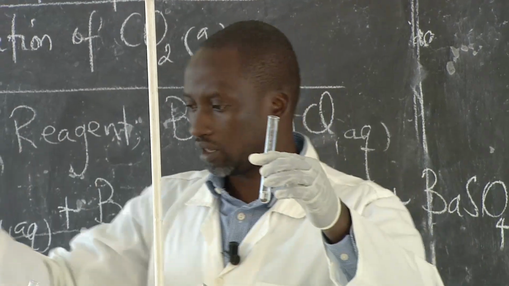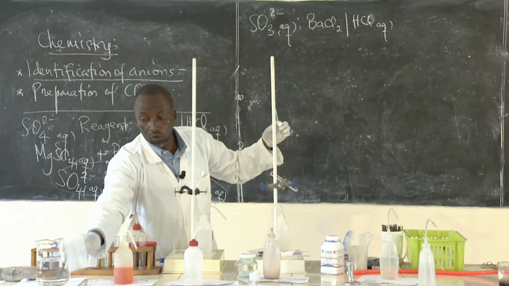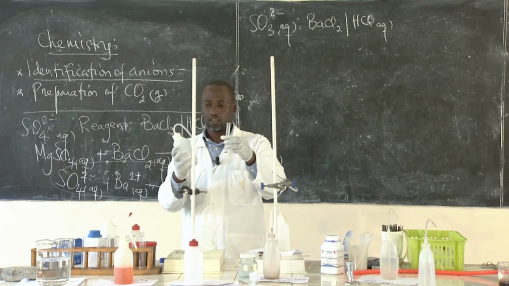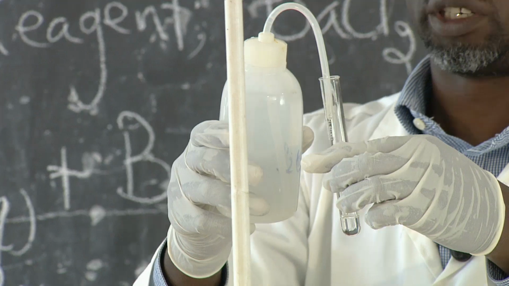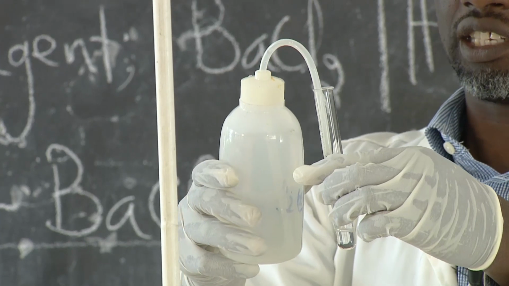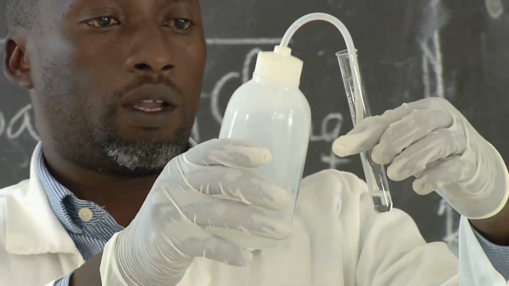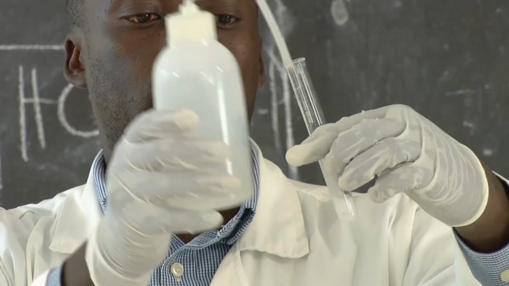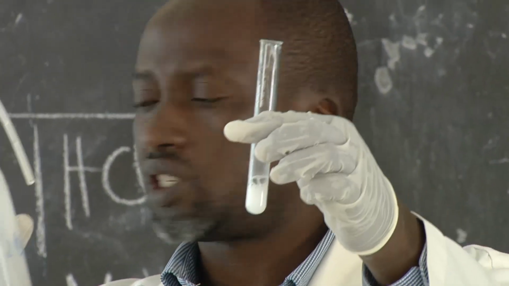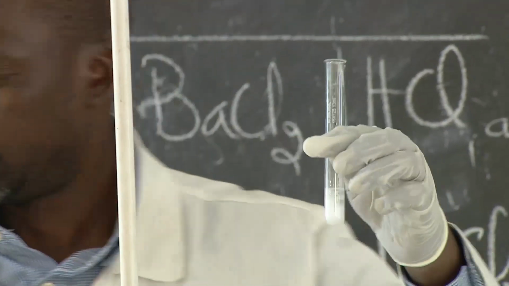You don't need to add a lot of it. As I said, in qualitative analysis, you don't need to measure. We're just looking at the quality or the changes that are occurring. See what is happening? The same precipitate is forming.